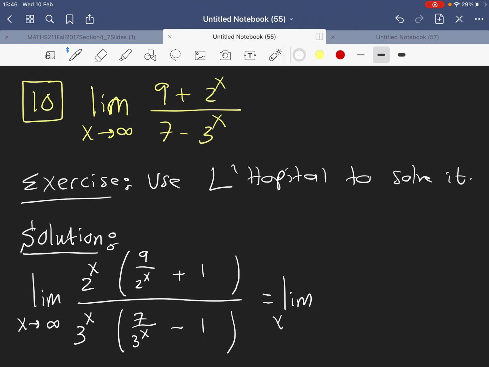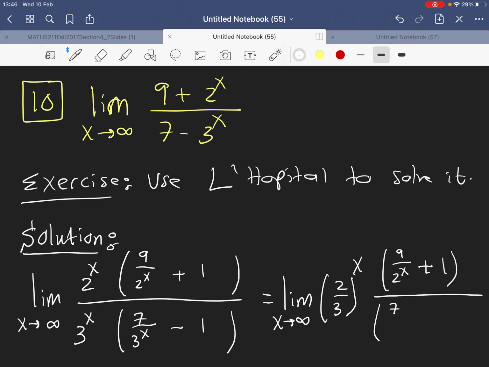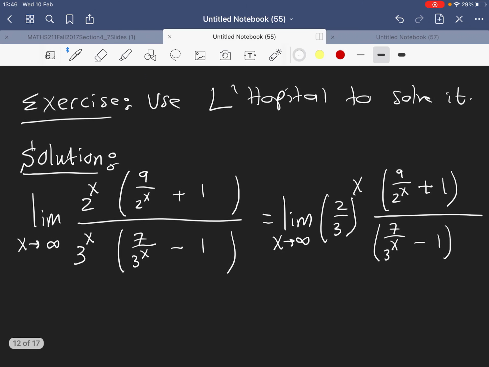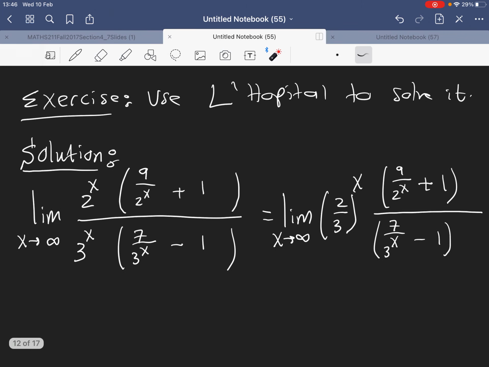And now this is 2 over 3 to the power x, 9 over 2 to the x plus 1, 7 over 3 to the x minus 1. And now what you need to do is substitute infinity. If you substitute infinity, this will be infinity, this will be infinity. So you get 9 over infinity, which is 0, plus 1, and 7 over infinity, which is 0, minus 1.